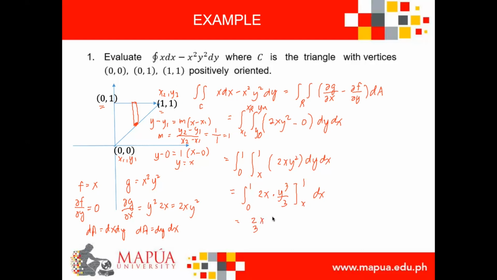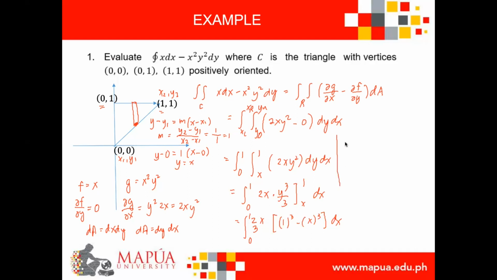Then we're going to apply now the limits here, 1 and x. So the upper limit first, so that is 1 cubed minus quantity x cubed. Then we write here dx. Then the limits is from 0 to 1.